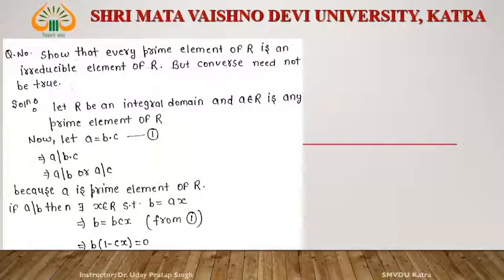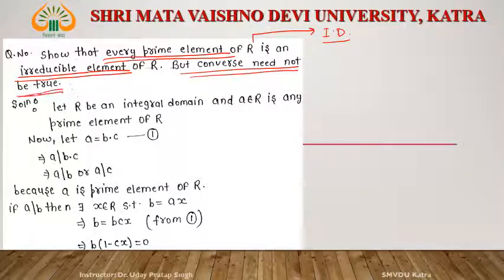Now let us see one important result. If R is an integral domain, then in this integral domain every prime element is an irreducible element, but the converse need not be true.